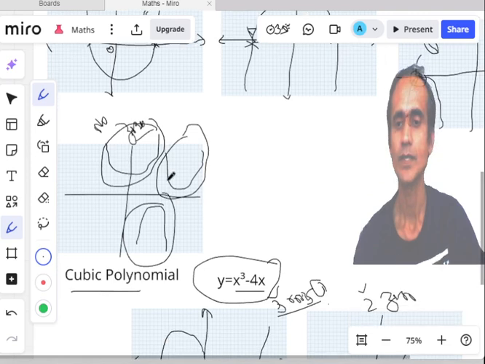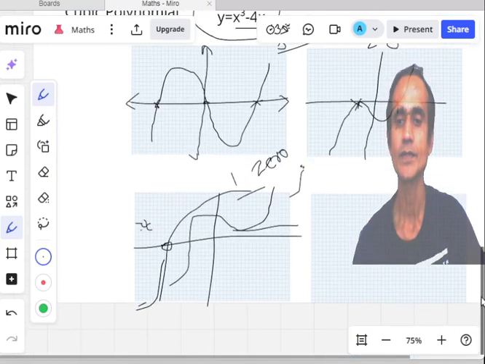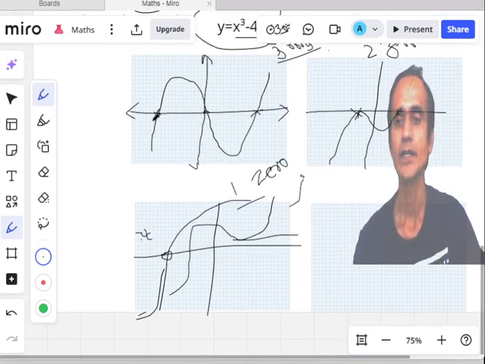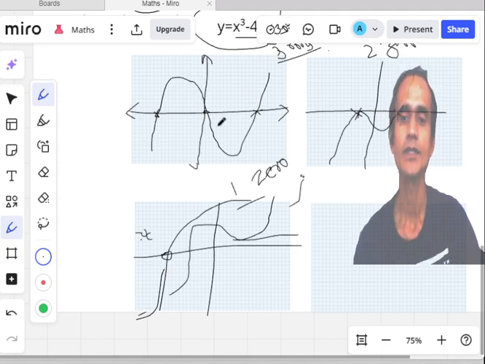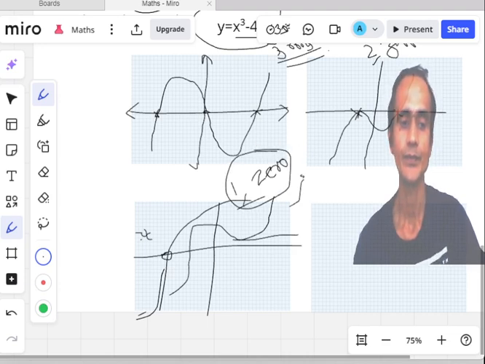Like here, no zeros. And a cubic equation can have at most three zeros, not more than three. But it can have less than three. So it can have two zeros and one zero, but will have at least one zero.